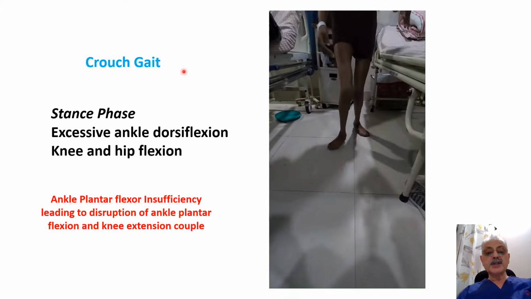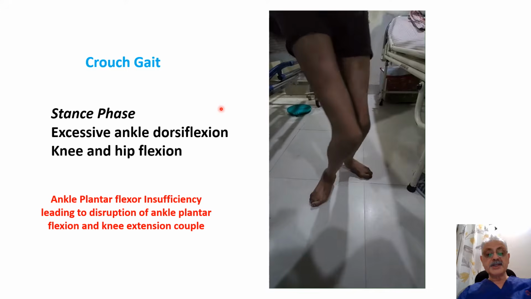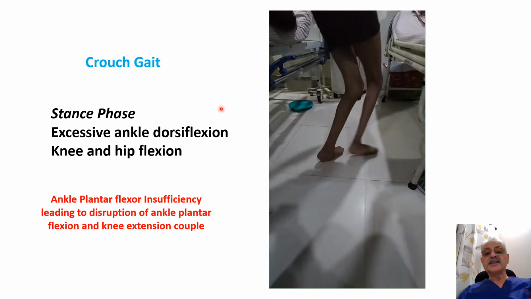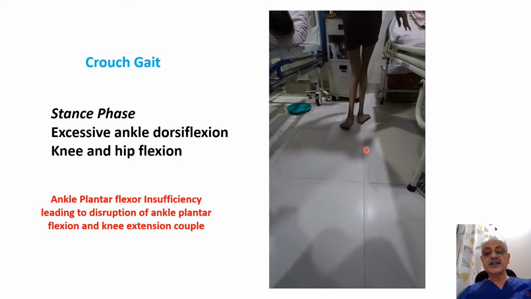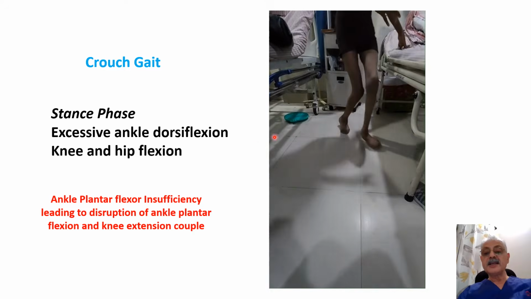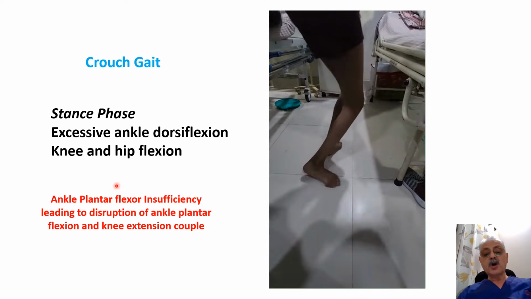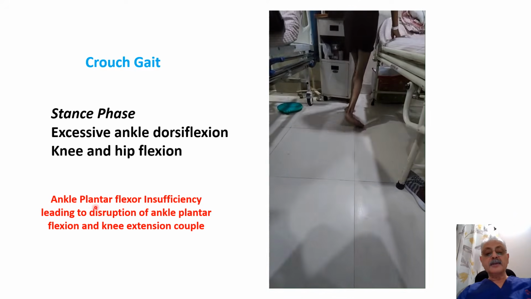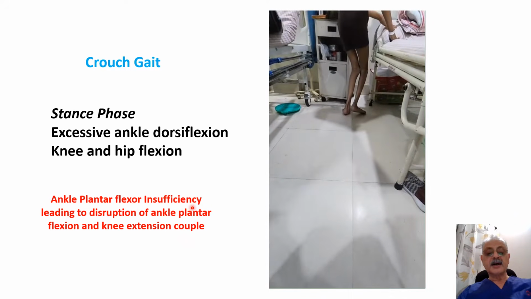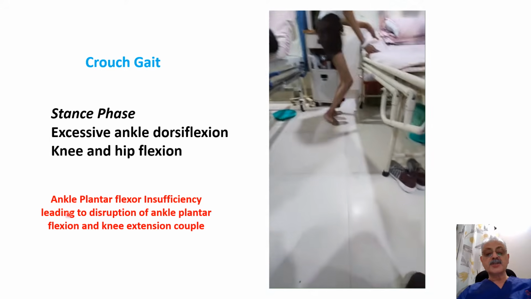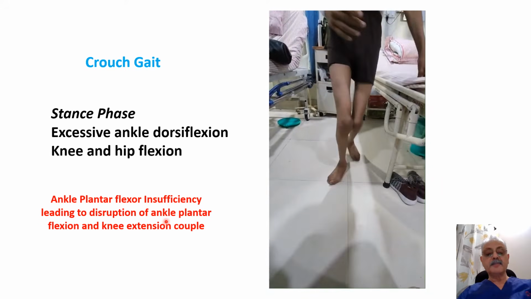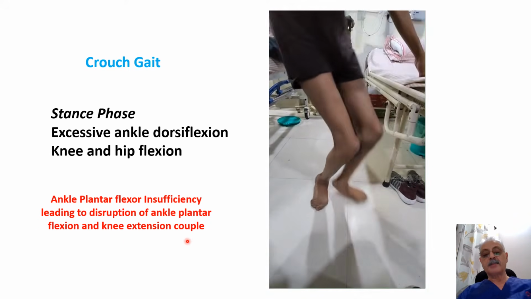Crouch gait is mostly seen in diplegics, and in this, there is excessive dorsiflexion in the stance phase while the hip and the knees remain in flexion. And this is most commonly due to ankle plantar flexor insufficiency, which leads to disruption of the ankle plantar flexion and knee extension couple.